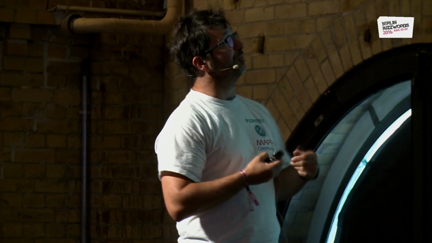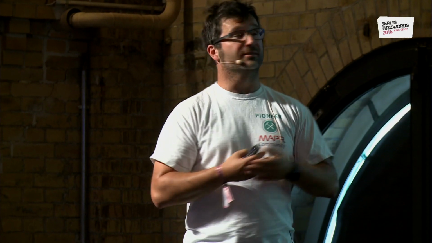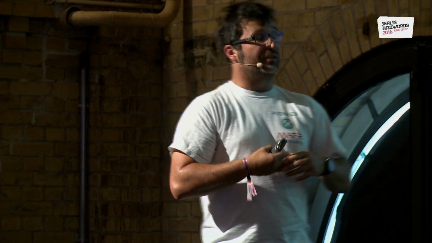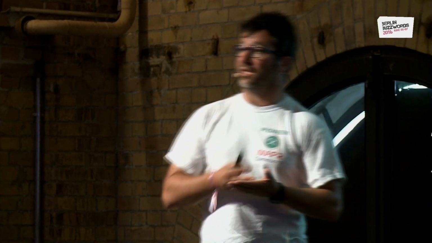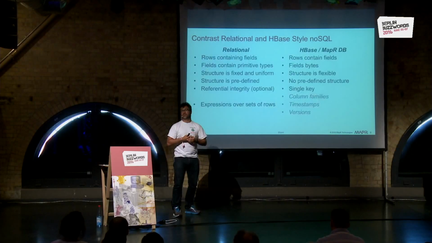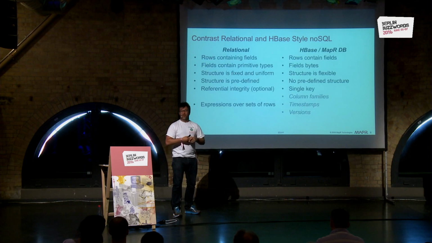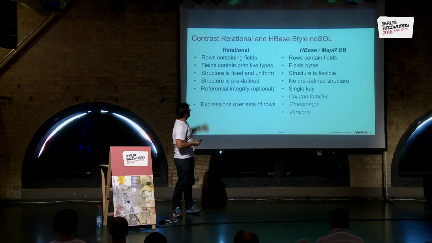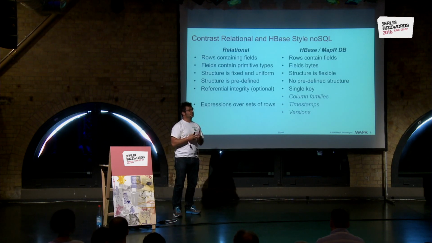So the way we have organized the information in NoSQL, at least in the context of MapR and Hadoop, is you still organize the information by rows, but in a relational database, you have very specific types that you have to define for each column. And each row in a specific table has exactly the same fixed and uniform structure.